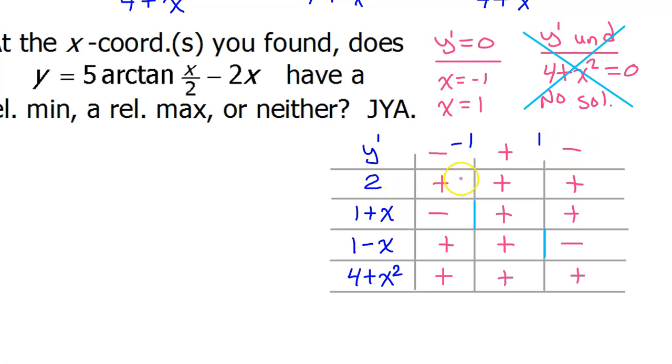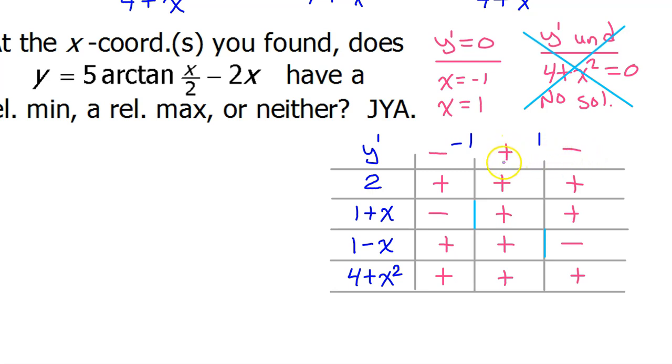Function y will have a relative max or min wherever y prime changes signs. Specifically, y will have a relative min at x equals -1 because y prime goes from negative to positive. That means y itself went from decreasing to increasing, thus a relative min. Similarly, y will have a relative max at x equals 1 because y prime goes from positive to negative.